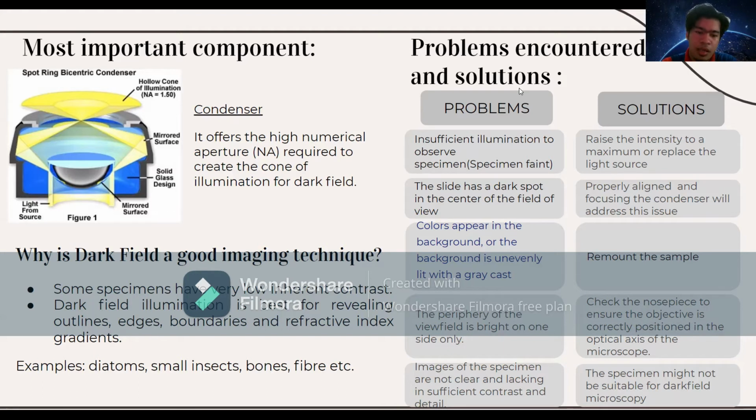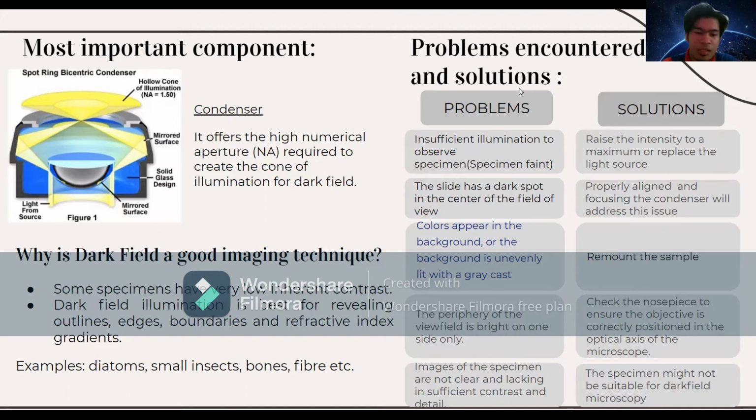So this condenser is relatively simple and offers the high numerical aperture, or NA, required to create the cone of illumination needed for dark field. As you can see in figure 1, you can see the cone shape that creates the dark field illumination.